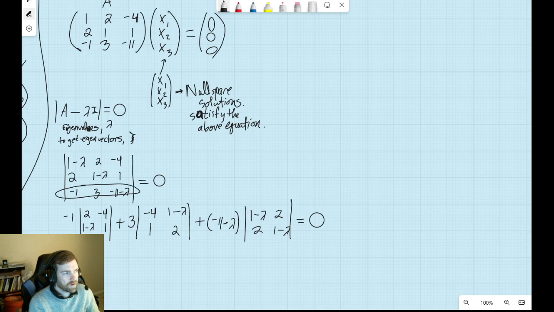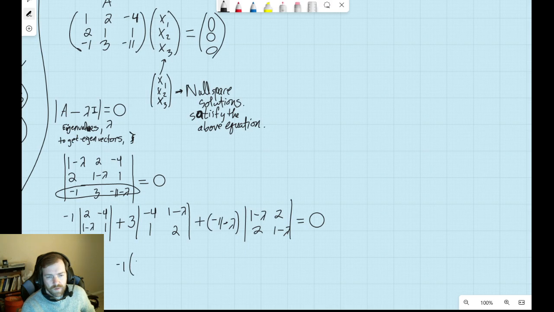When we come down, -1 is going to be multiplied by the determinant of this, which is taking the main diagonal and multiplying these values, and then subtracting the off diagonal product. So how does that work?